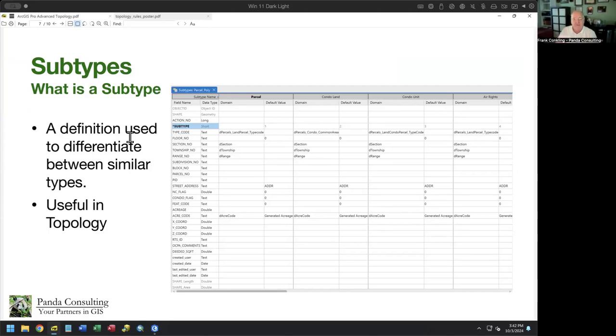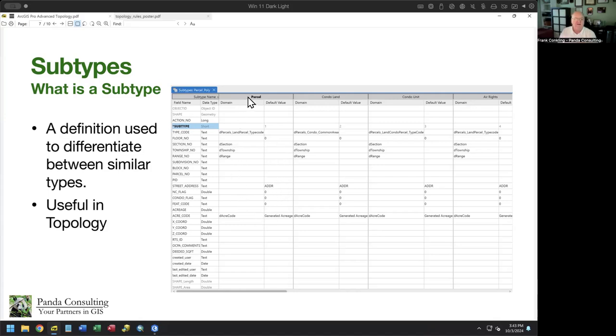One, it's used to identify specific subclasses within a topology. So I could say, go and apply this topology rule against this subtype in this layer, but not this one. Or it's used to identify different domains, and a domain is a drop-down list or a lookup value for it if I have specific ones in here.